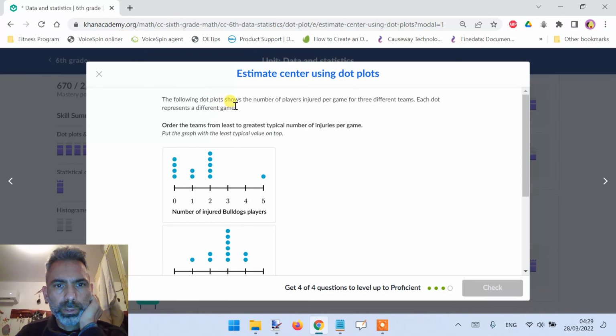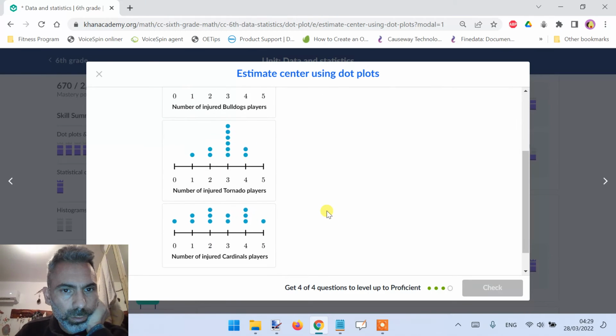The following dot plots show the number of players injured per game for 3 different teams. Each dot represents a different game. Order the teams from least to greatest typical number of injuries per game. Put the graph with the least typical value on top. Okay, so number of injuries.